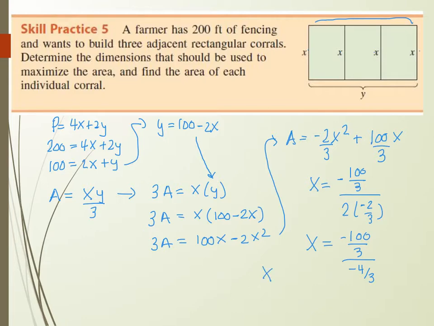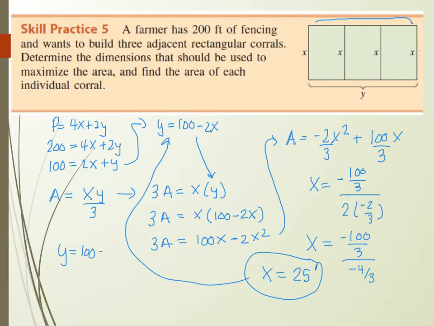So x has to be equal to 25 feet. So if x is 25 feet, we can always go back and find y. So now we can plug this back into that equation, and so now y is equal to 100 minus 50, so y is equal to 50 feet.